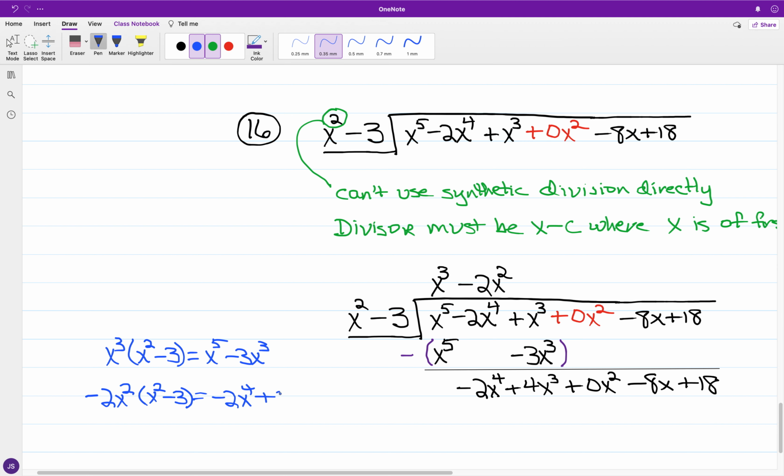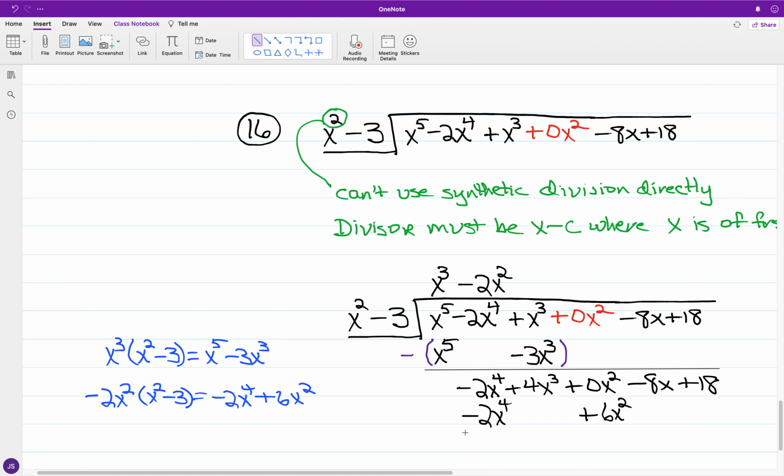Negative times the negative is a positive, so you have plus 6x squared. So we'll line up negative 2x to the 4th, and also 6x squared. Again, make sure that the same degree terms are lined up.